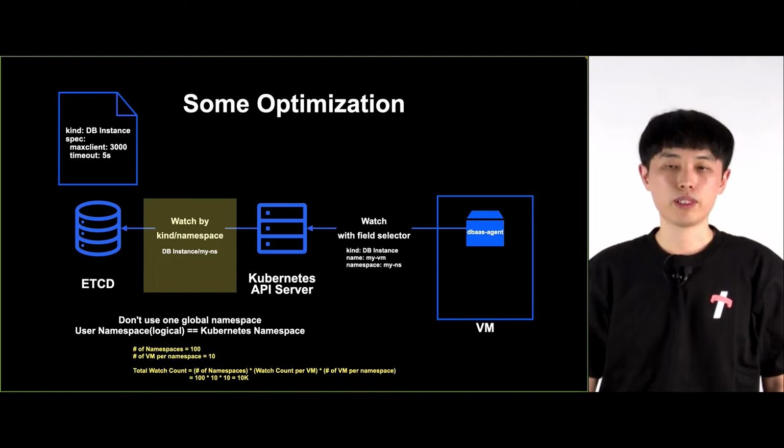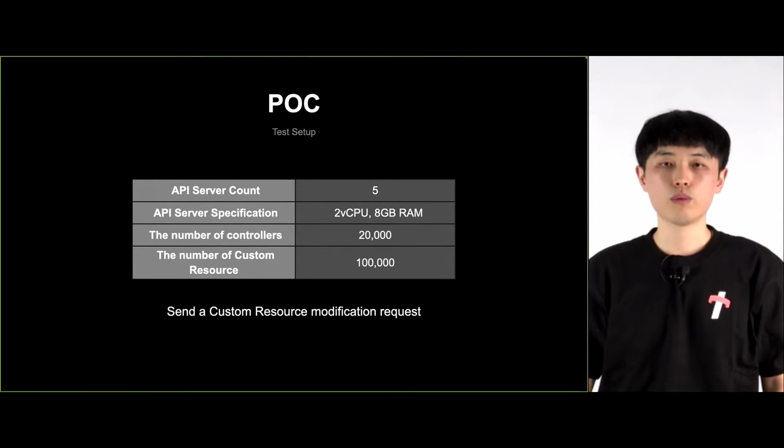So for instance, if there are 100 namespaces and if there are 10 VMs per namespace, the VM will watch 10, so 10,000 in total. Compared to when 1,000 VMs were generated in one single namespace, the number of watches has reduced significantly. So after this simple optimization, we have conducted an experiment. This is the test environment.